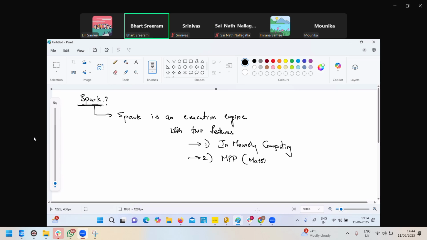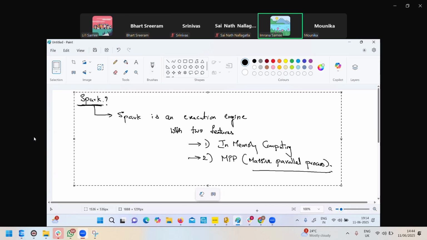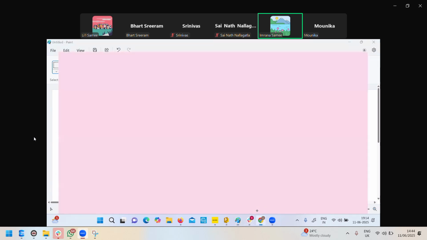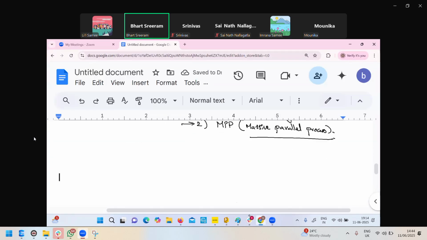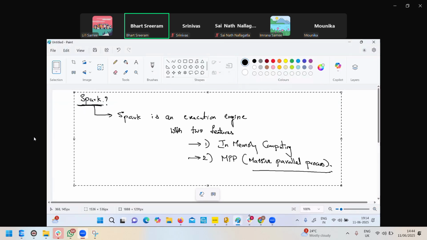Can we get an example for massive parallel processing? Yes, step by step I will come to that, just concentrate here.